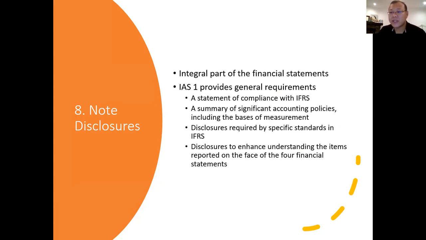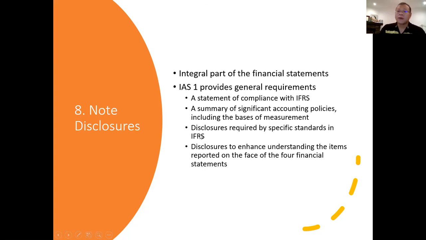So the note disclosure has to include a statement telling the user that the statement is in compliance with IFRS. It's going to provide a summary of the significant accounting policies, for example, the inventory costing method, FIFO or moving average. Disclosures required by specific standards in IFRS.